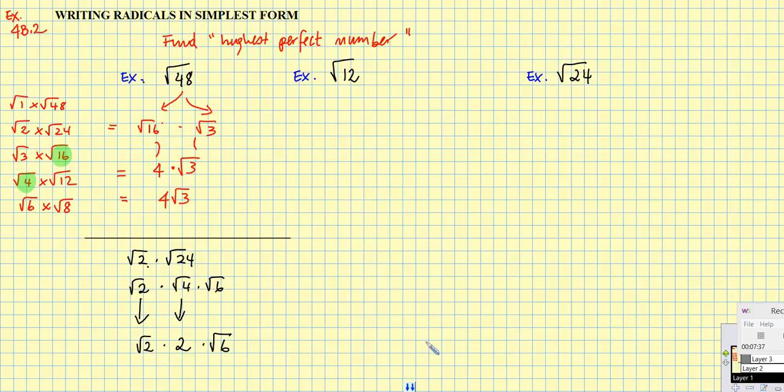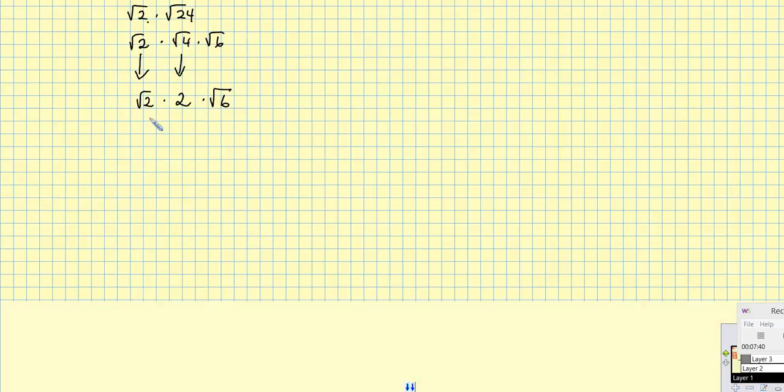However, if I were to simplify further, I could put the 2 out in the front, and I'm left with root 2 times root 6.